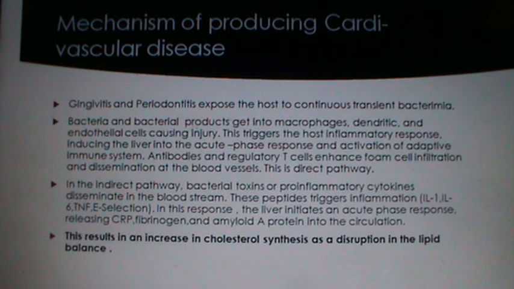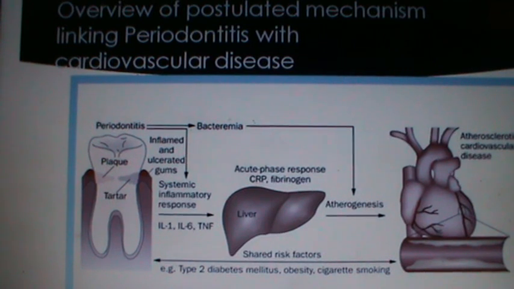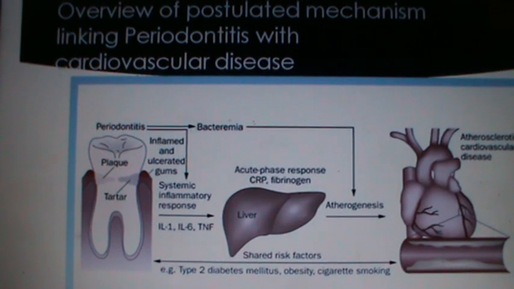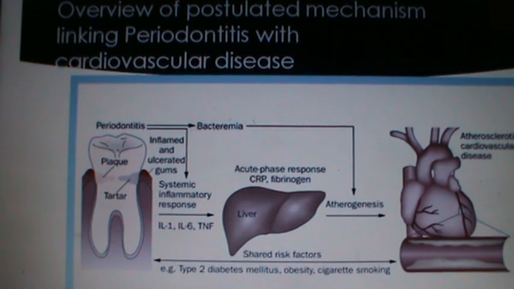This results in an increase in cholesterol synthesis as a disruption in the lipid balance and may result in cardiovascular disease. So these are the two mechanisms. In the first one, the bacteria directly go into the liver, then it causes atherogenesis and may result in atherosclerotic cardiovascular disease.